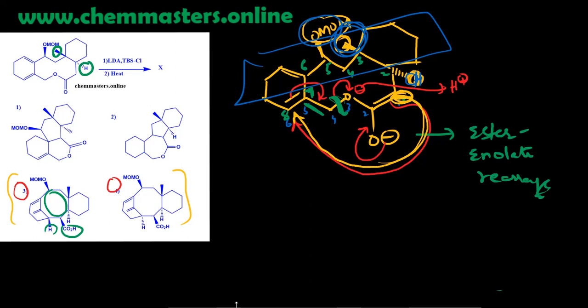That's why it is better for the enolate to attack from the bottom end onto this carbon in a concerted step.